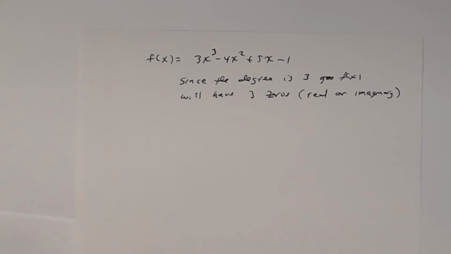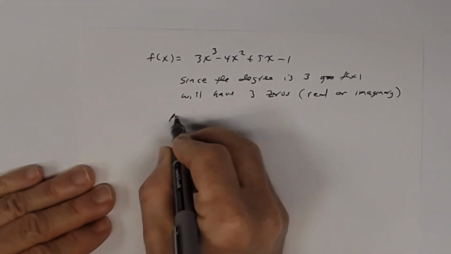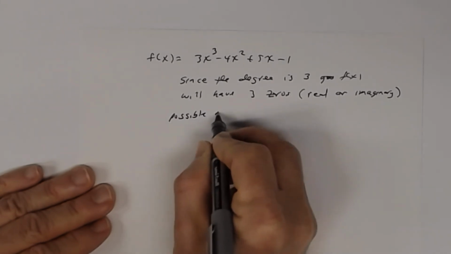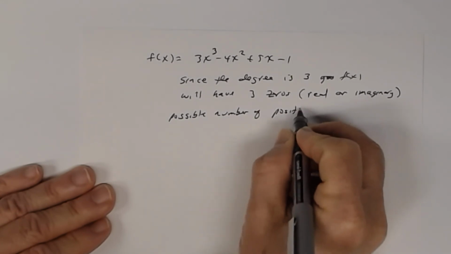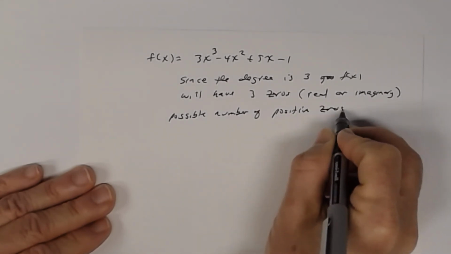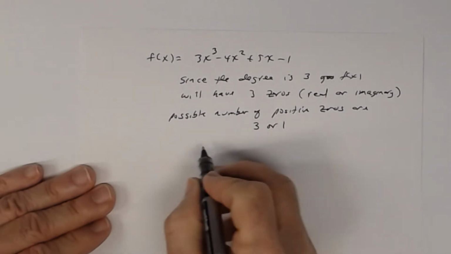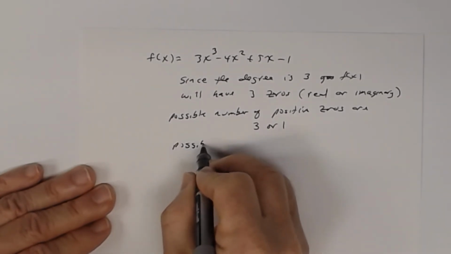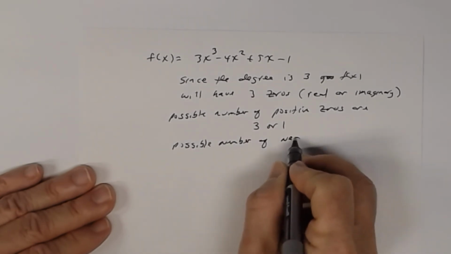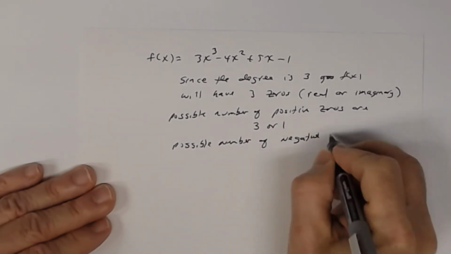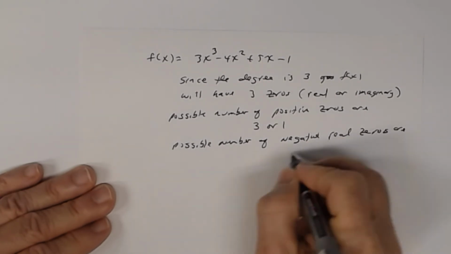Well, remember in our example, the possible number of positive zeros is 3 or 1, right? Remember that? And the possible number of negative real zeros is 0.